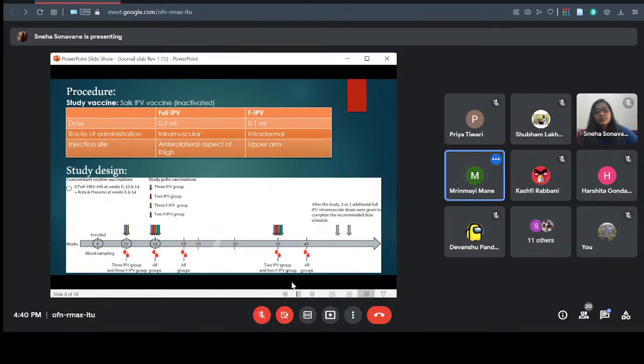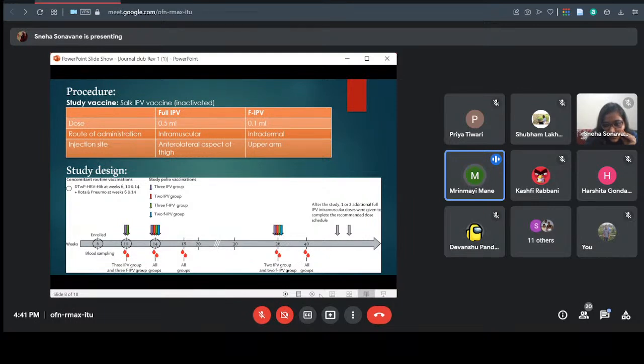During the period of trial, 4 blood samples were taken from each participant. The first blood sample was taken before administration of first vaccine, which means in the three dose groups, the first blood sample was taken at 10th week of age, and for the 2 dose groups, the blood sample was taken at 14th week of age. At the end of this trial, all the infants in the 2 dose groups were given an additional 1 or 2 doses of IPV in order to complete the recommended dose schedule or complete their vaccination.